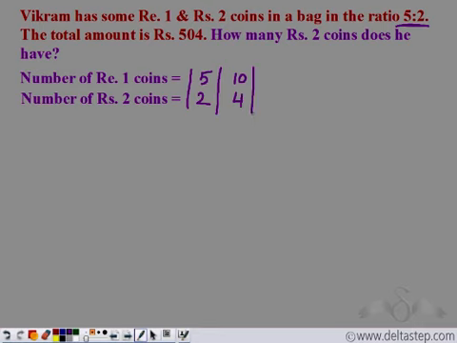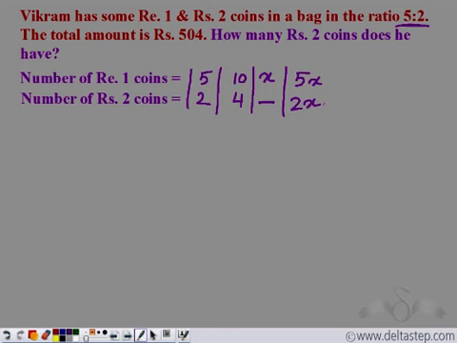So if we represent the number of 1 rupee coins by x, we have to find a number for 2 rupee coins such that these two are in the ratio 5:2. A simpler way would be to represent this as 5x and this as 2x.